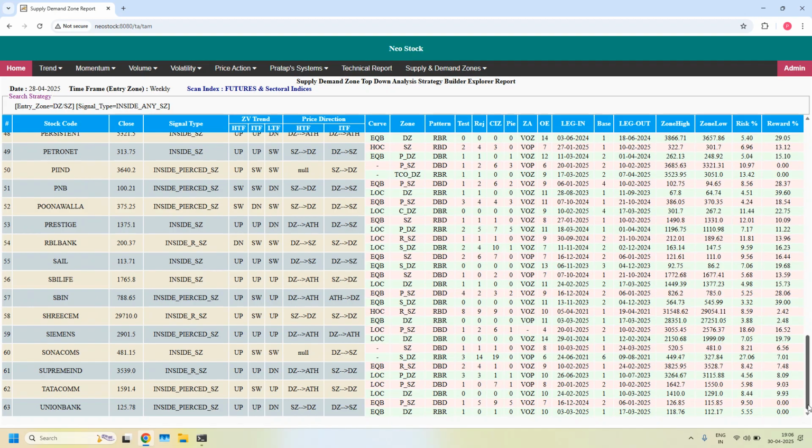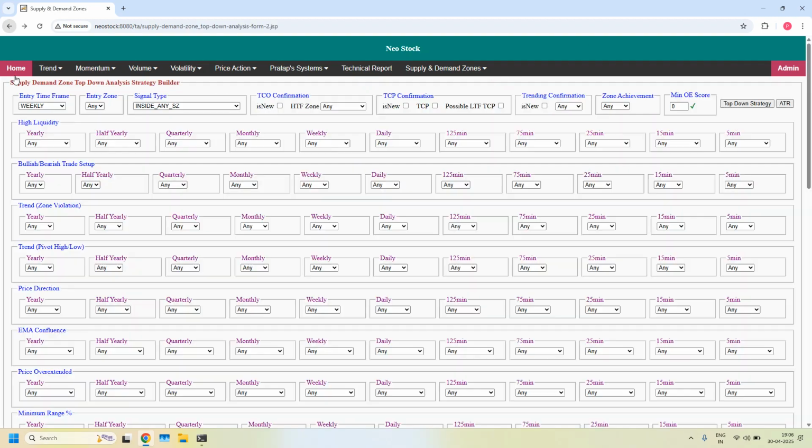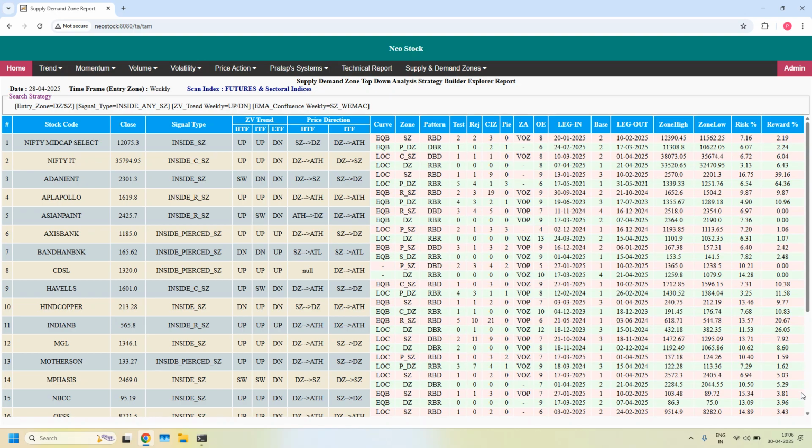We can further filter this list based on weekly supply zones having weekly EMA Confluence. I'm going back in the EMA Confluence at weekly time frame. I'm setting the filter weekly supply zone having weekly EMA Confluence. At the same time, trend on the weekly should not be sideways. It can be up or down. Now list is reduced.